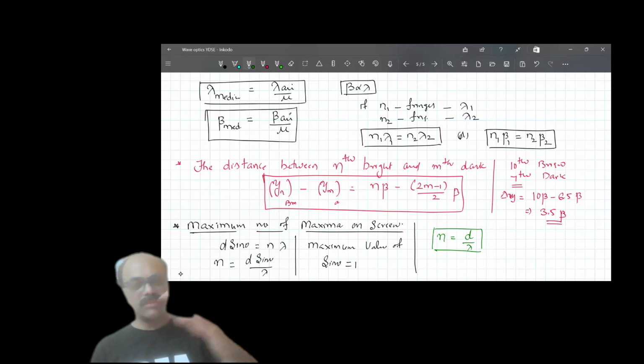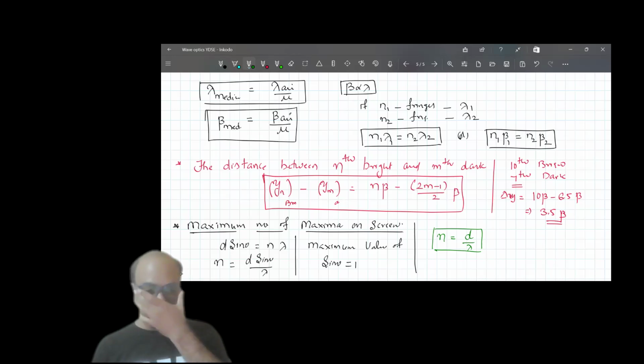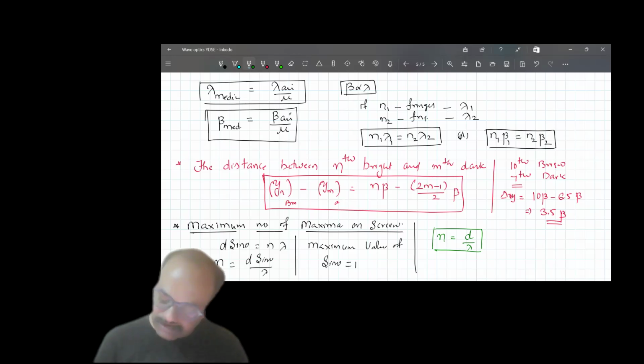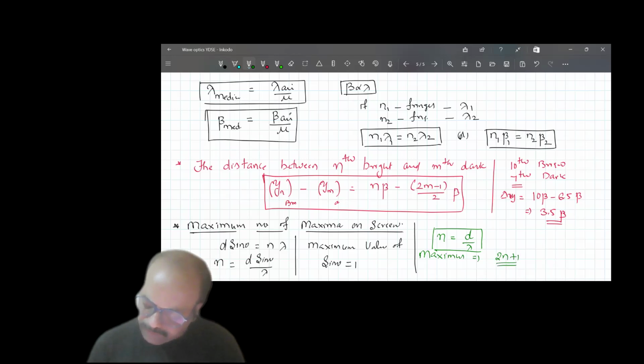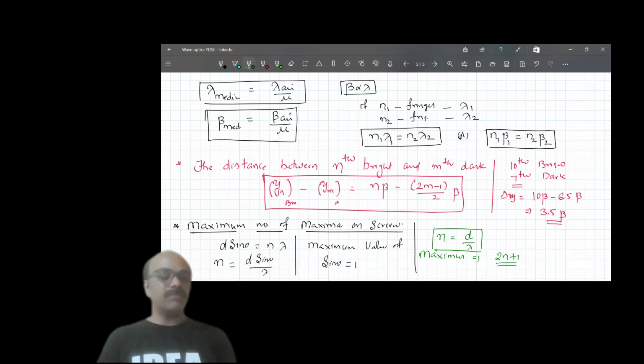This is one side. If they ask for the complete number, we can write the total maxima equals 2n plus 1. The sine theta value should be less than or equal to 1.